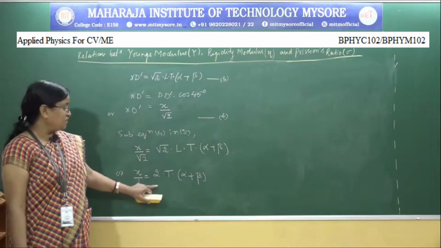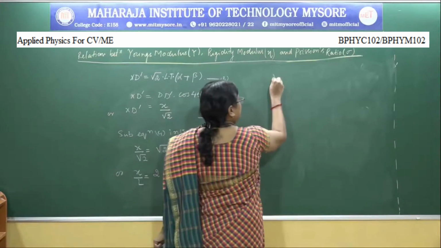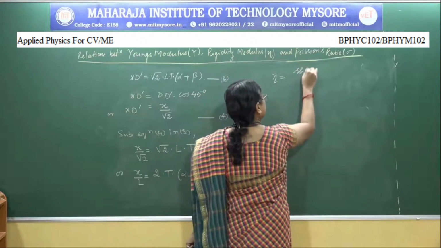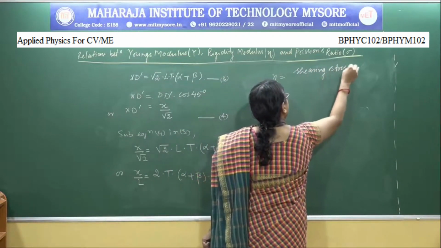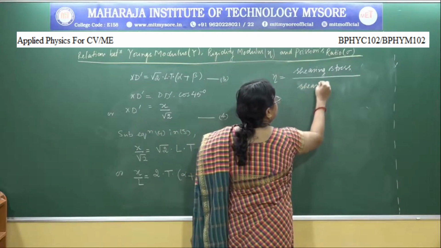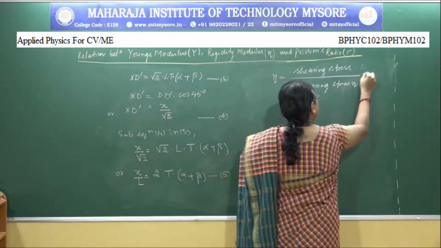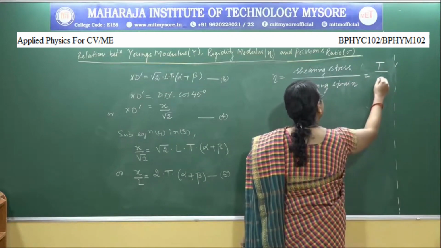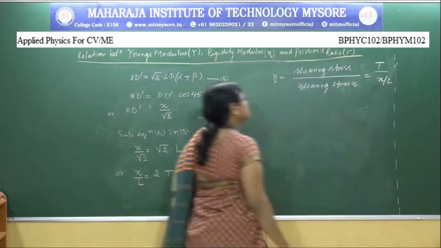As we know, the rigidity modulus is shearing stress by shearing strain. It can be written as T divided by x divided by L.